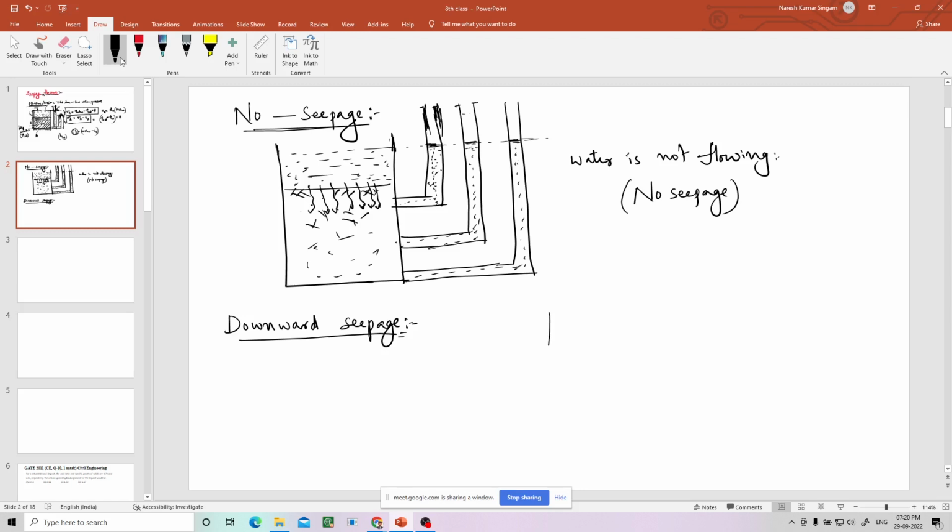Anyway, what I'll do, let me discuss first upward seepage. Okay, upward seepage.